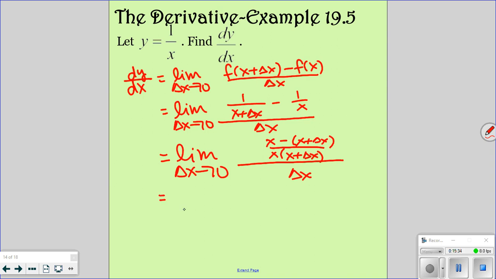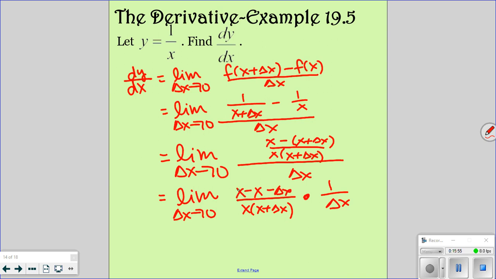So then we can simplify it by saying x minus x plus delta x over x times x plus delta x times the reciprocal of the denominator.